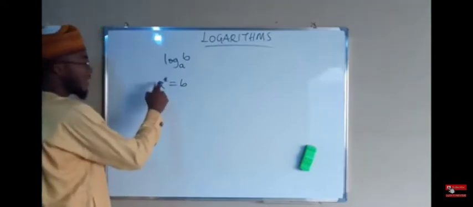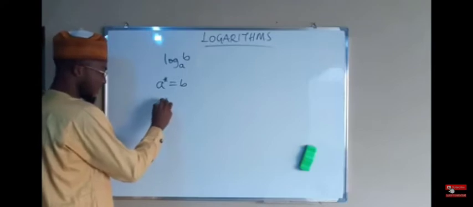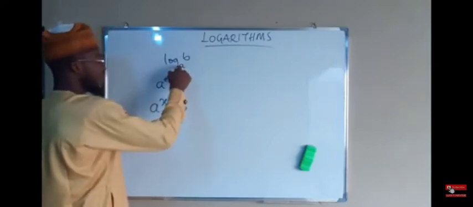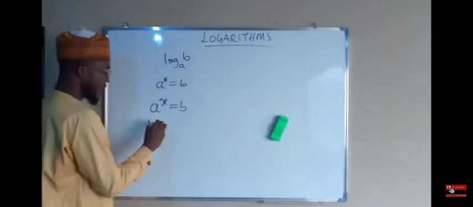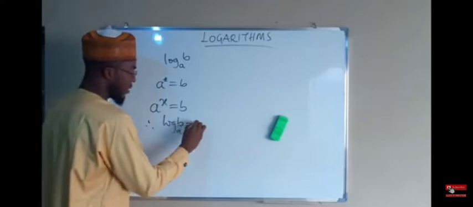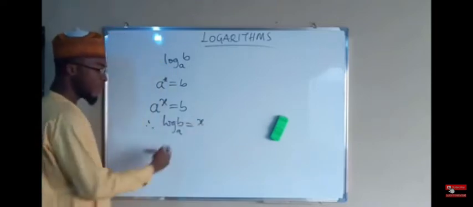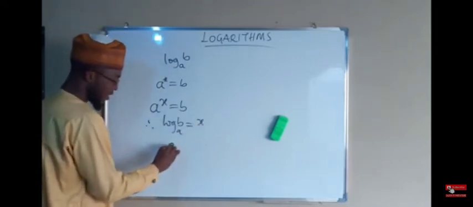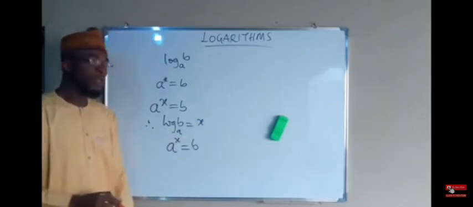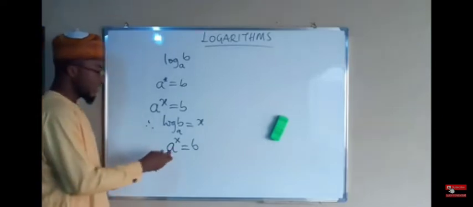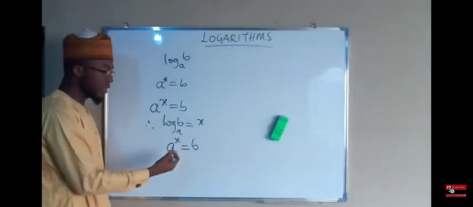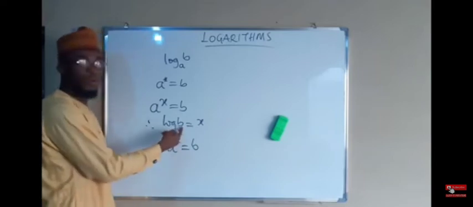Let that number be x. a to the power x will be b. Therefore, log b base a equals x, and you can write this as a to the power x equals b. So in general, you need to take the base and raise it to a particular power, which will simplify to be equal to b.